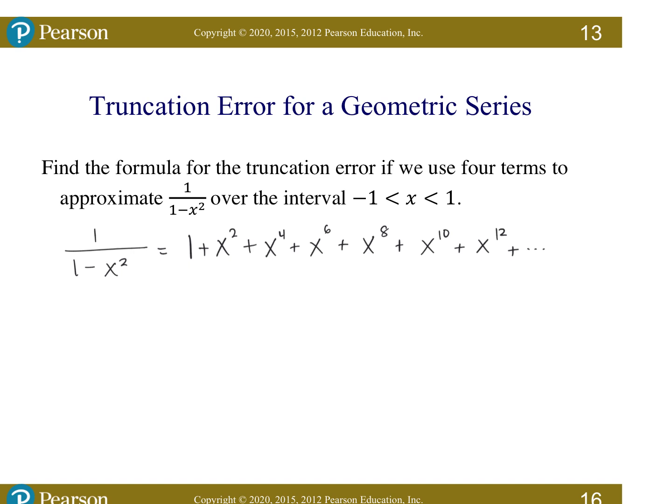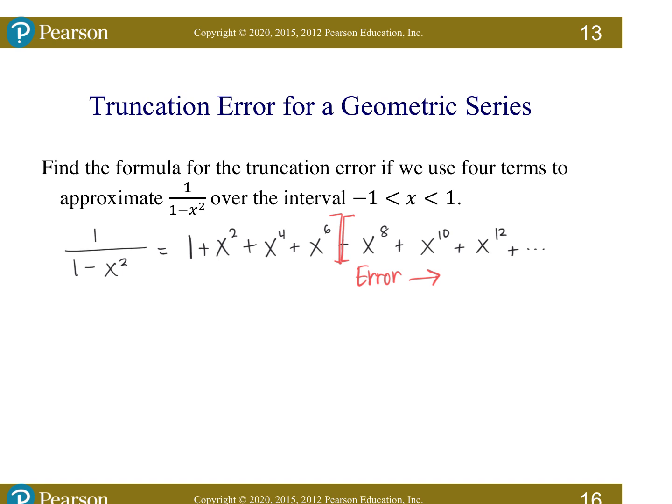They tell us to truncate this if we use 4 terms. So I will be truncating it right here. So my error is going to start on the other side of the truncation sign.